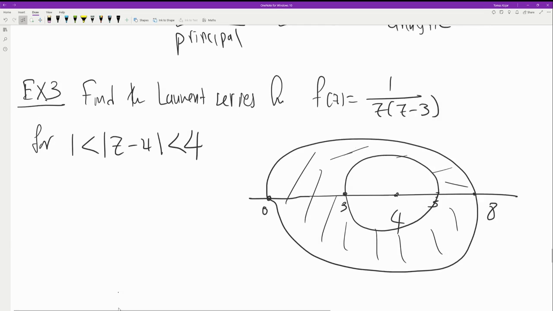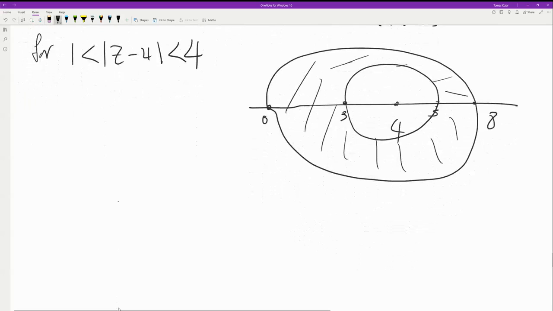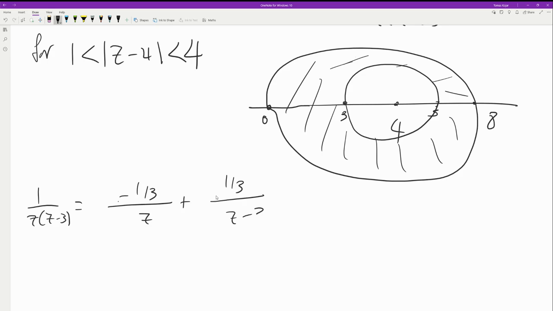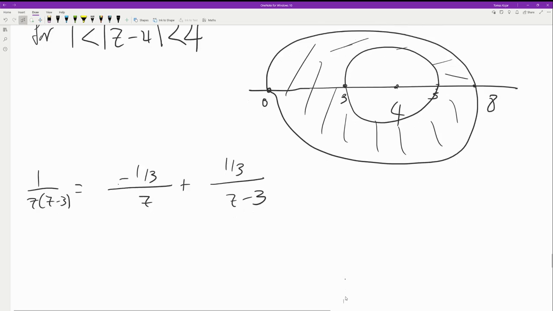Okay. So again, let's look at the coefficient. First, let's do partial fractions to make it a little bit cleaner. So this is minus 1/(3z) and 1/(3(z-3)).